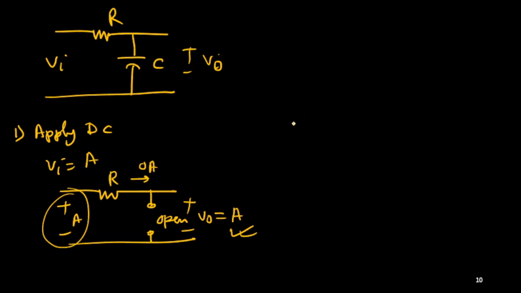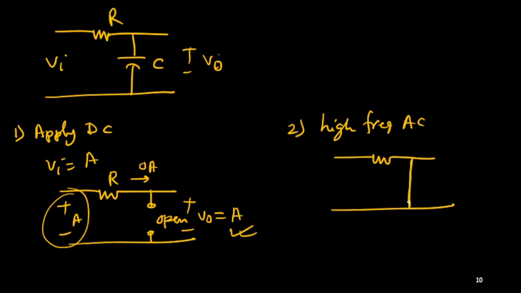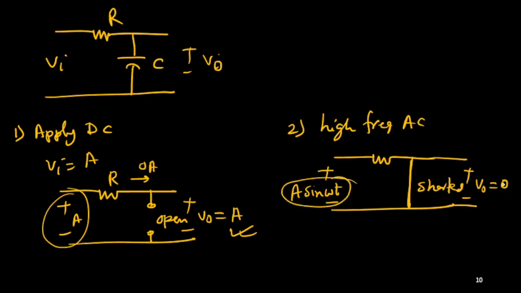But if you apply a high frequency AC signal, in that case I replace the capacitor by a short circuit. This is shorted. So whatever input is there, suppose it is A sin omega t, the output will become simply 0. This signal cannot pass through the system if omega is high. I am assuming that omega is high.